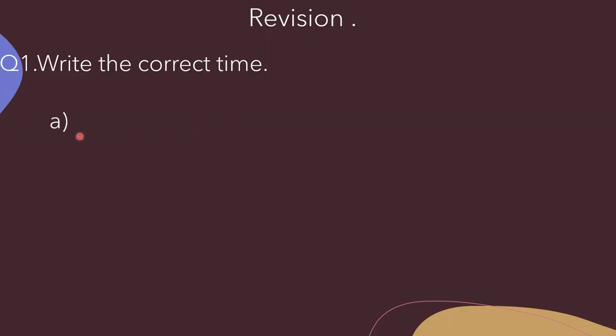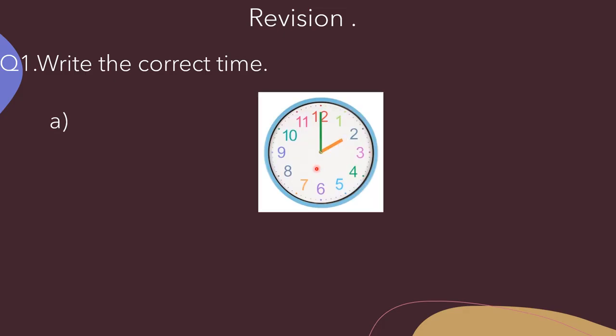So here in A part the clock is given. Now first of all we will see at which number our minute hand, means the long hand of the clock, is. So it is at number 12. So the time is o'clock. Now we have to see how much o'clock it is.